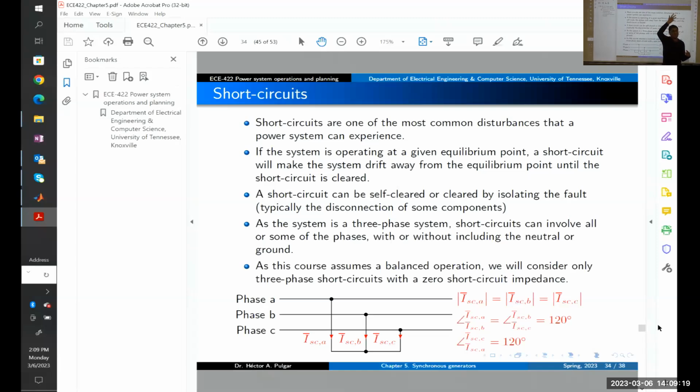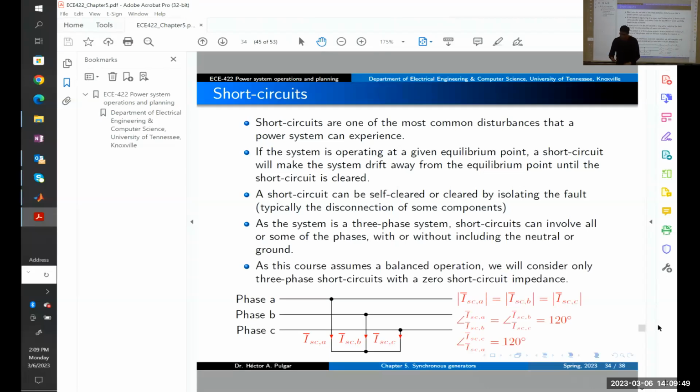So if this happens in a transmission line, the line will have breakers at its extremes. If the protection scheme detects a huge current, it will open the contacts at the extremes and isolate that fault. So that's another type of fault, one that requires the disconnection of some components, and we isolate the fault and protect the system. So we have these 2 choices.